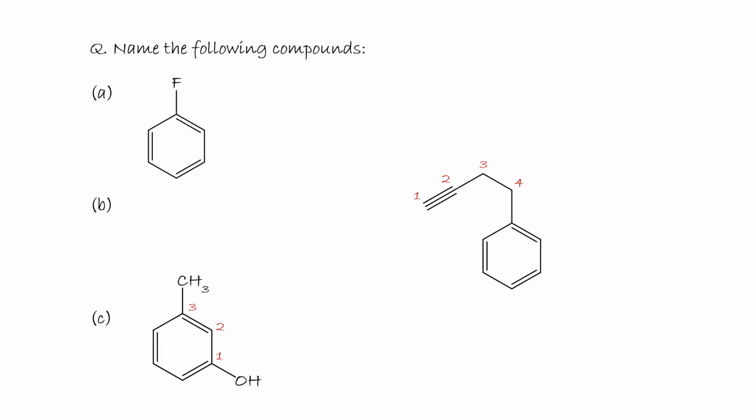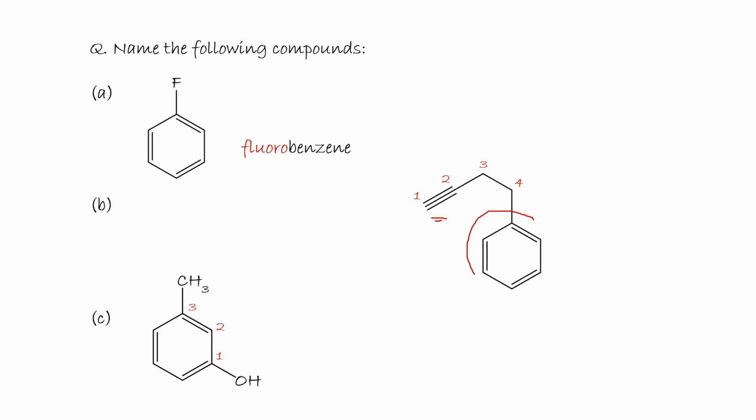Name the following compounds. We have fluorine on benzene, so that's fluorobenzene. Here we have a longer chain, butene. Butene is here 1, 2, 3, 4.